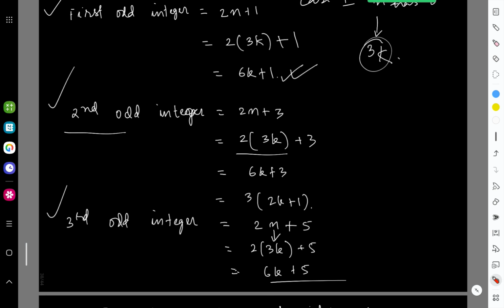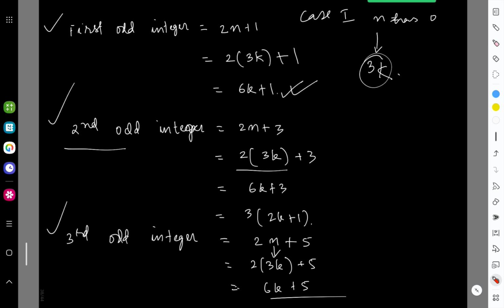So in our first case, that is when n has remainder 0, our first odd integer was not a multiple of 3 because of this. Our second odd integer, we were able to express in this form, so yes.